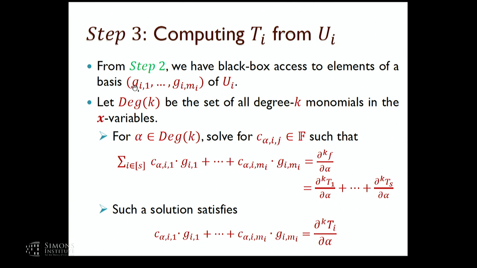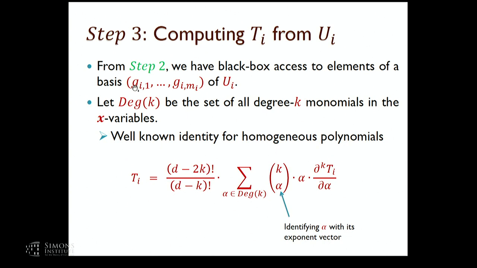So once you solve the CIs, you get the derivative of the TIs for all alpha, and you put them together using this nice well-known formula to get TI, which holds for any homogeneous polynomial. It doesn't have to be a product of linear forms. TI is any homogeneous polynomial. So from the derivatives, you can get the polynomial.